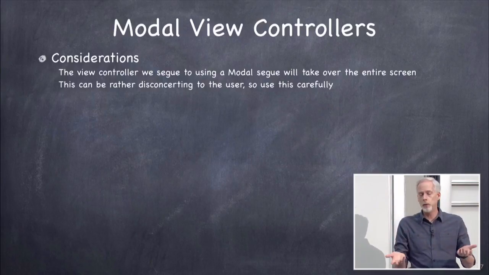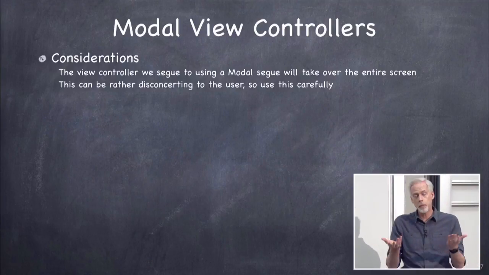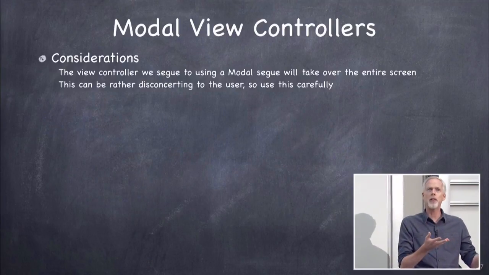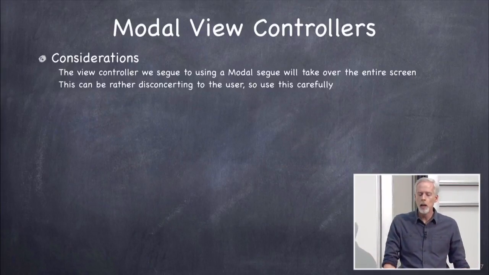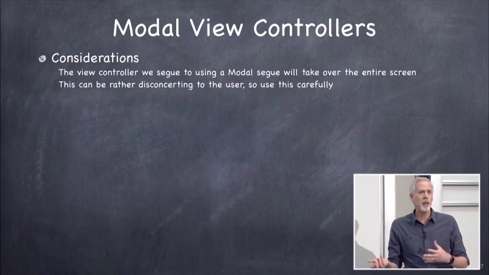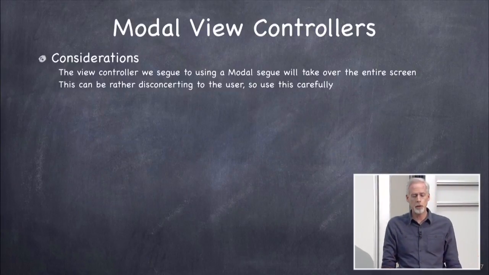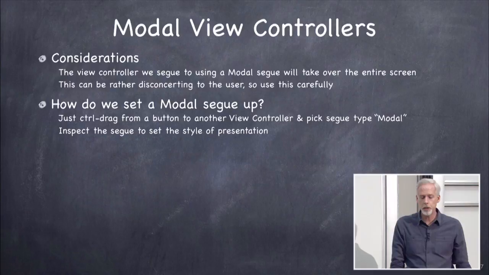Of course, the user understands I'm adding a contact. I can't click over and do something else. Although some users might say, why can't I click over to this other thing right now? Or I need to do that to add this contact or whatever. So I try to stay away from modal view controllers as much as possible, put things in navigation controllers and tab bar controllers and things like that. But there are times when it's absolutely necessary.